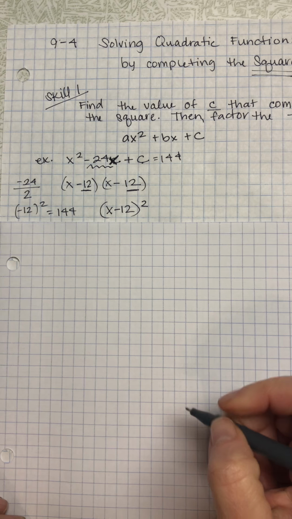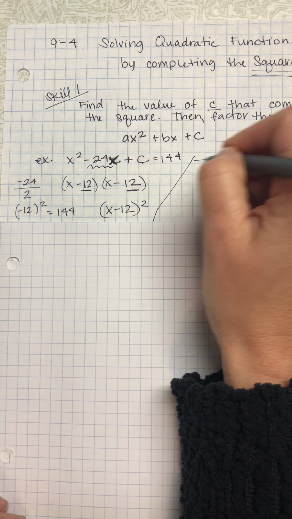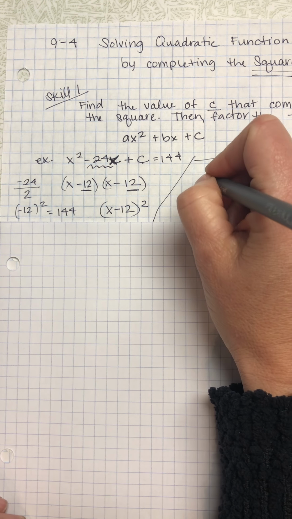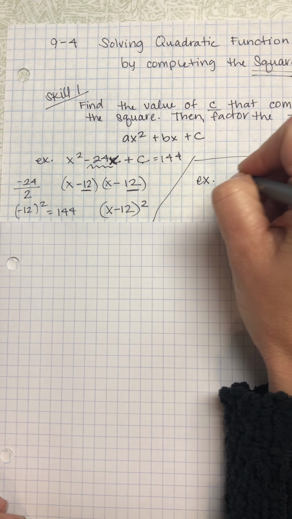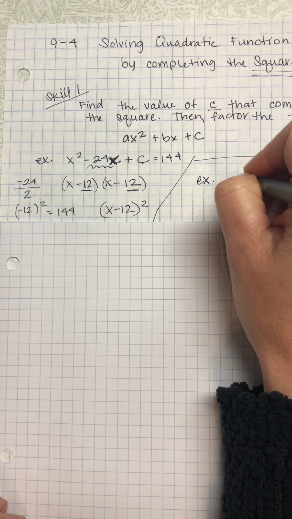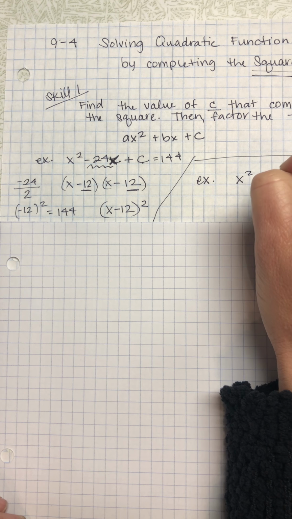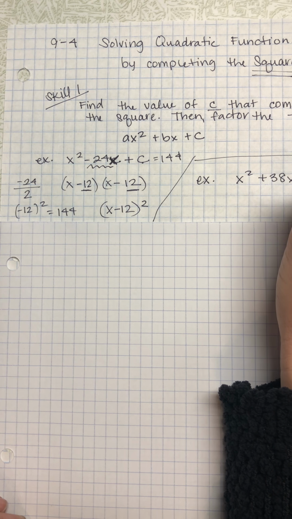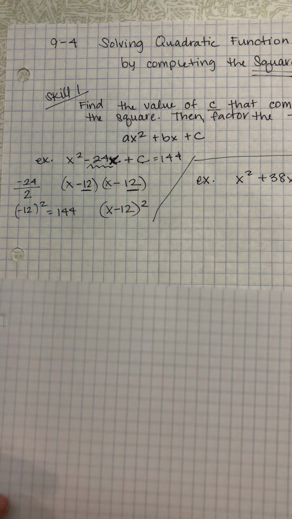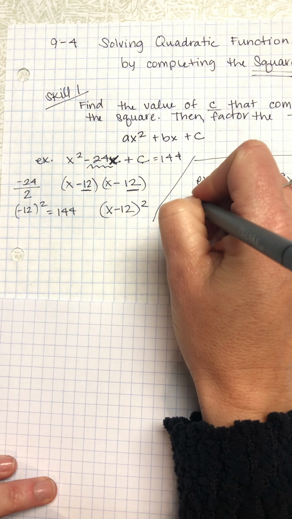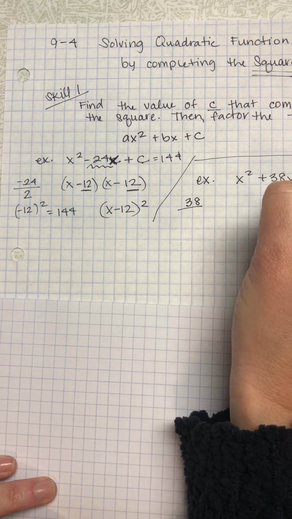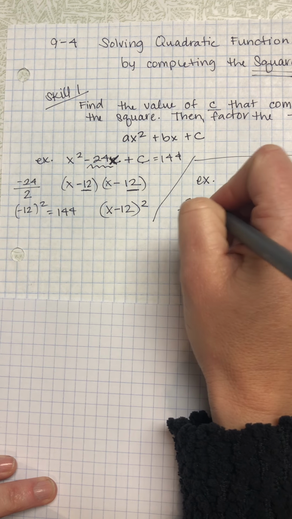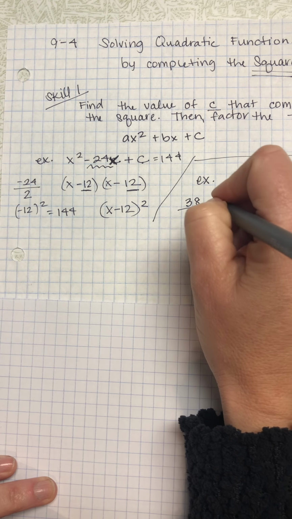Let's do another one. Let's say we have x squared plus 38x plus c. So if I take 38, my middle term, and I divide it by 2, I get 19.